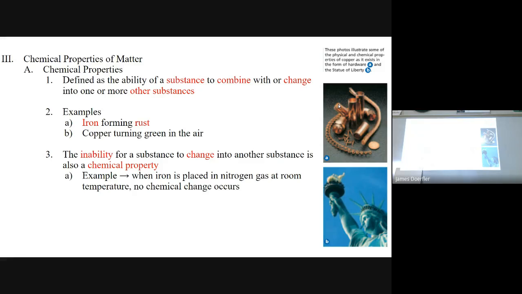When copper turns green in the air, it's forming a patina. Okay? You know, has anybody ever been to the Statue of Liberty? Has anybody ever seen the Statue of Liberty? At least even in photographs. I've actually been to the Statue. There you go. So it's a green colored statue, when in fact, when it was originally built, it was copper.